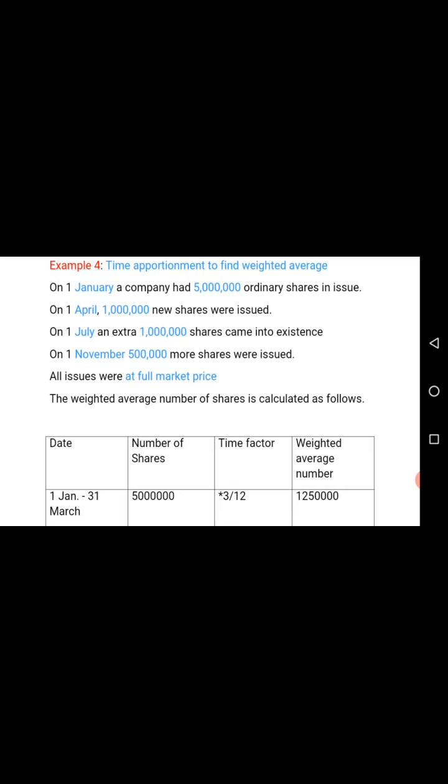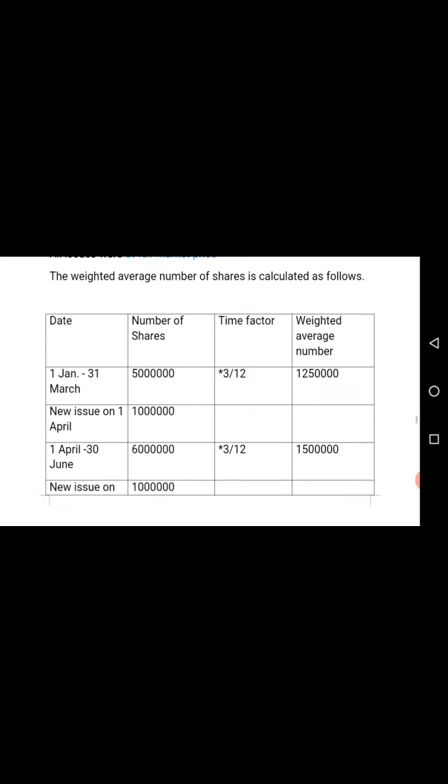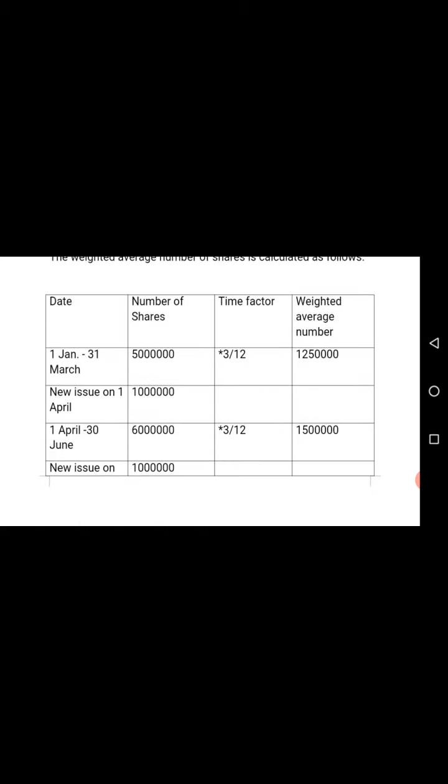On July 1, we issued another extra 1 million. So April, May, June, that's also 3 months. So 6 million times 3 over 12, we have 1.5 million, or 1,500,000.